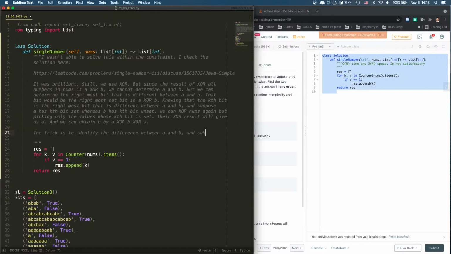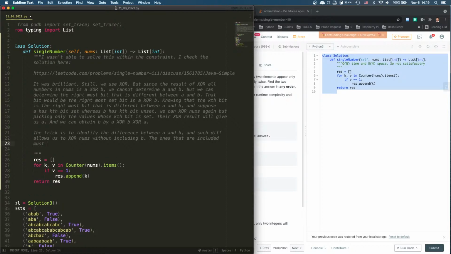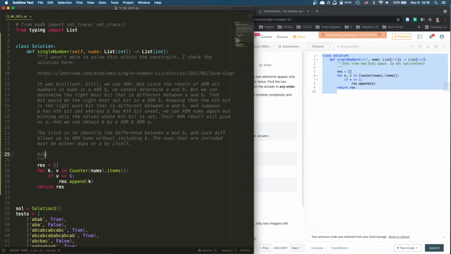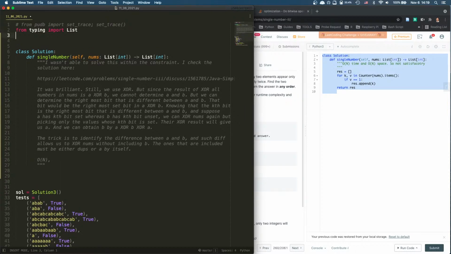And such a diff allows us to exclusive OR nums without including B, including only the ones that must be either duplicates or A by itself. So that's O(n). The time will be the same because this is also O(n), but brilliant, right? This is brilliant.